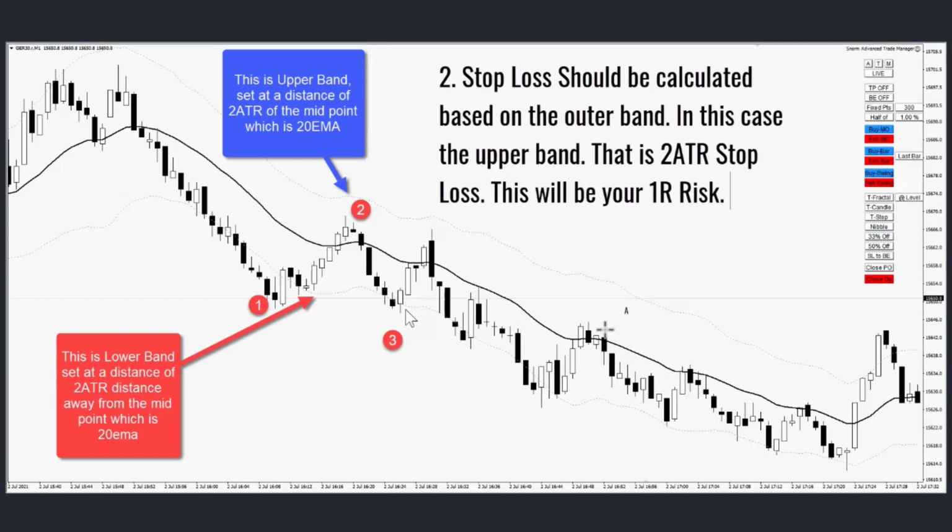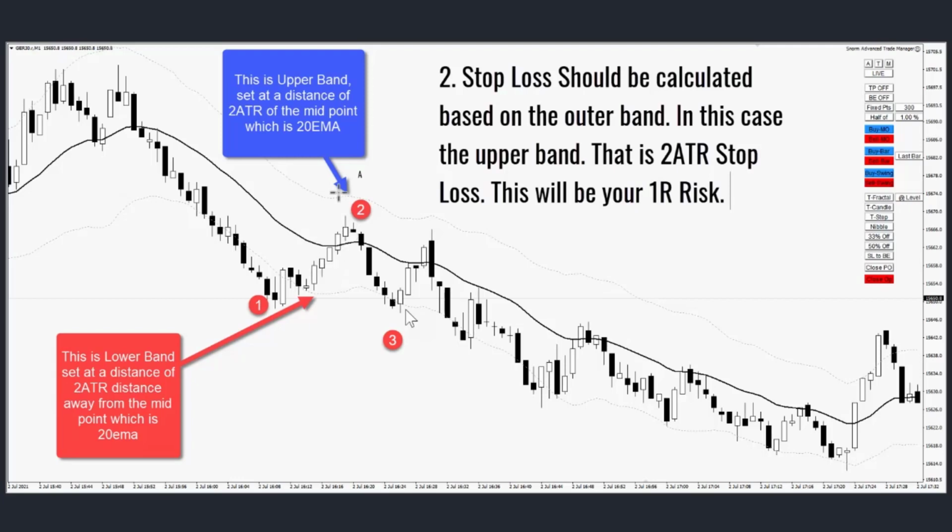There's always the question of where would I enter and where would I put my stop loss, and those are the most important questions when you are trading. For this method, stop loss should be calculated based on the outer band. The outer band is the most optimum level because when a pullback is happening, you don't know when it's going to end, and sometimes the pullback can be complex.